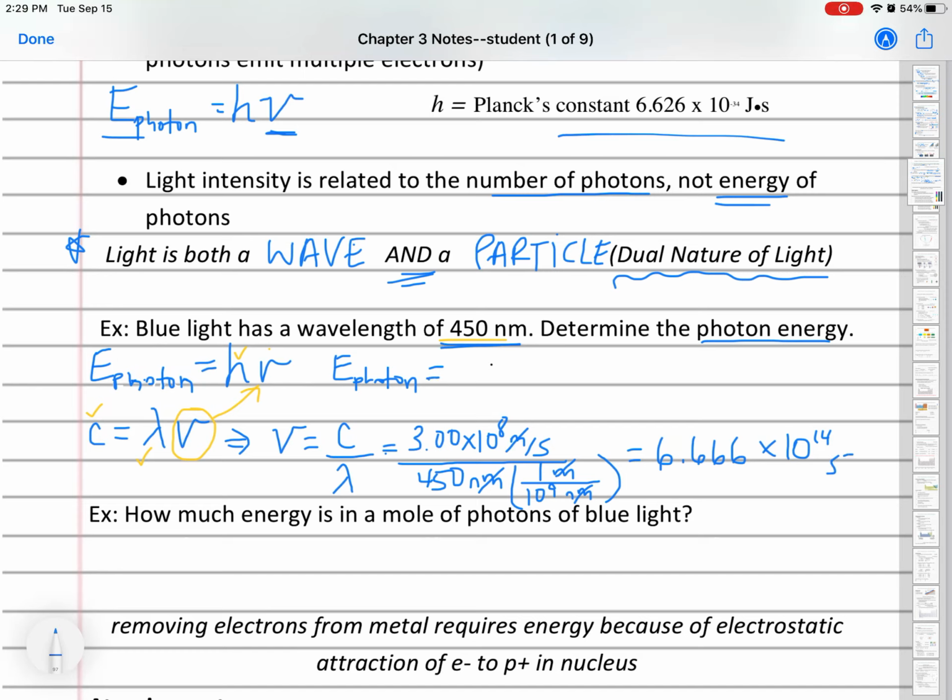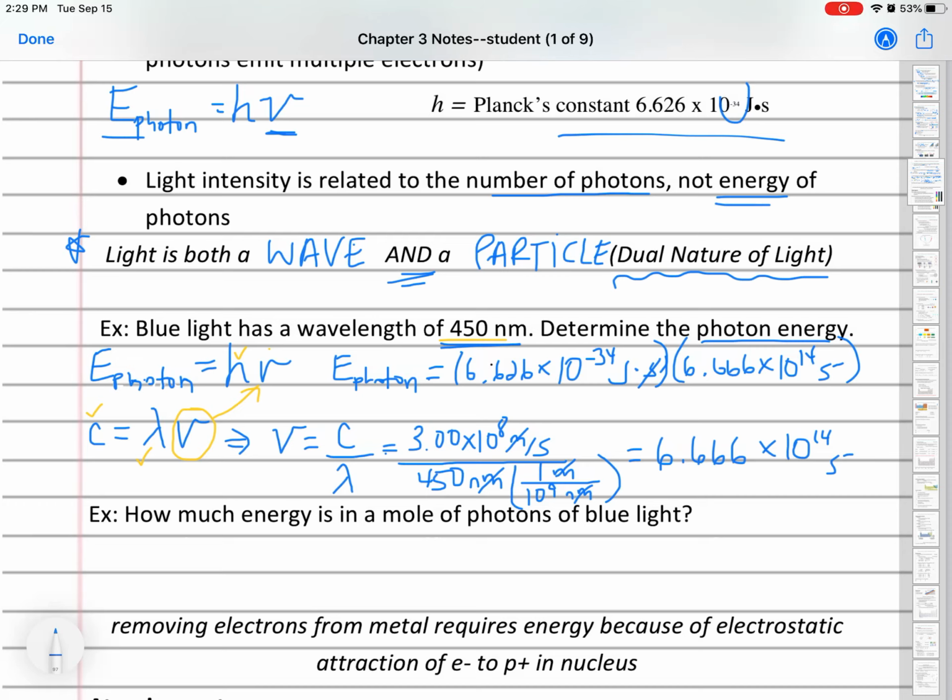Inverse seconds. All right, so now I'm going to do Planck's constant, 6.626 times 10 to the negative 34th. I don't know why that superscript looks so tiny, but it's 10 to the negative 34th. Joules times seconds, all right, times the frequency, which we just calculated to be 6.666 times 10 to the 14th inverse seconds.